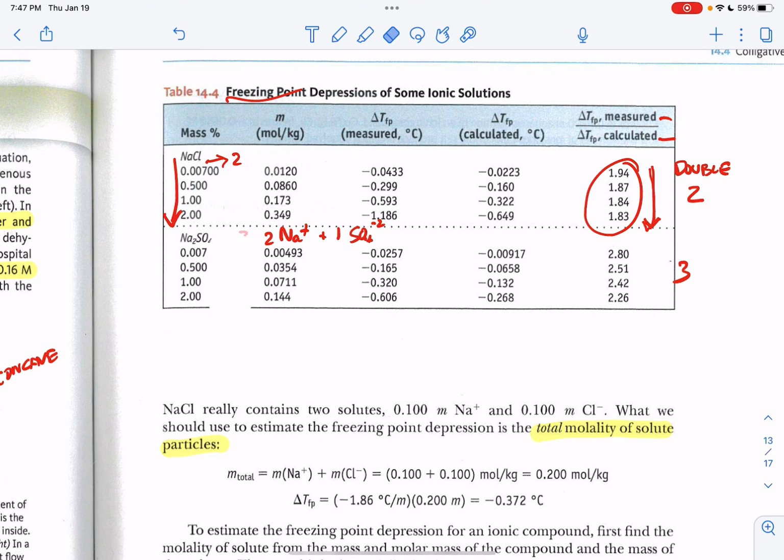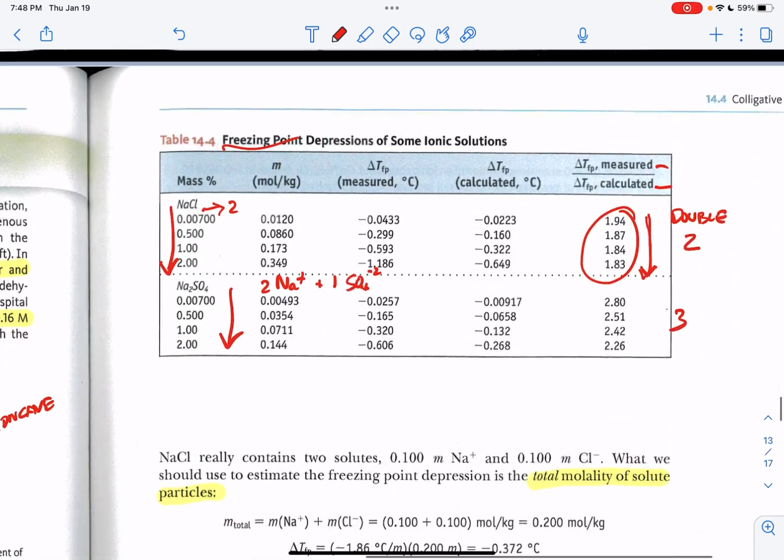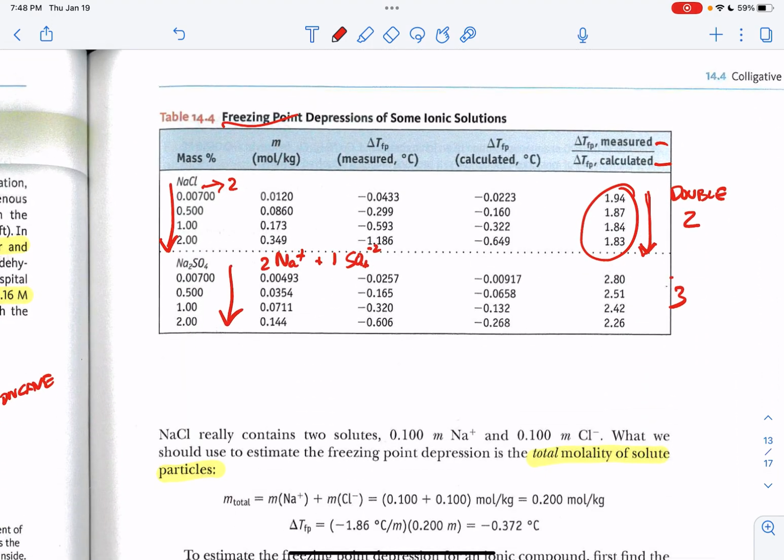As your concentration gets bigger and bigger, you'll notice that the ratio of the measured compared to the calculated, ignoring the fact that it's an ionic compound, drifts farther and farther away from 3. Now this ratio here is called the Van't Hoff factor.